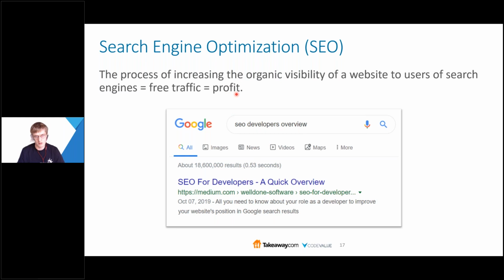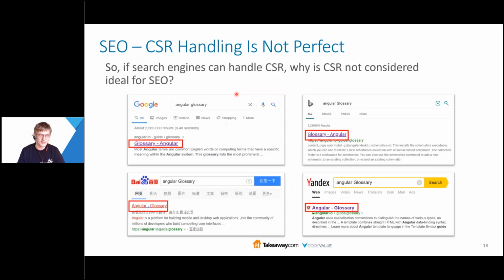So something that is very important for a lot of companies. And as we can see, even other search engines, not only Google, can actually deal with client-side rendered applications.